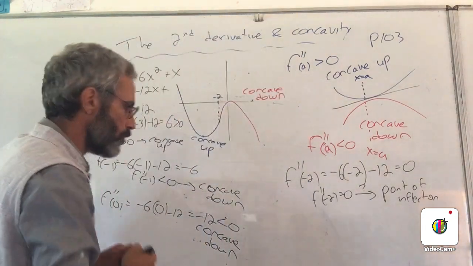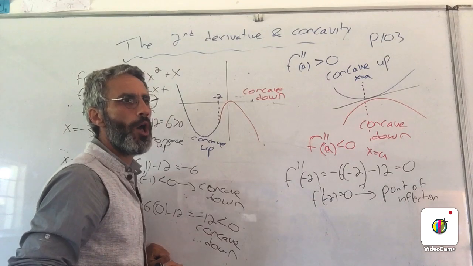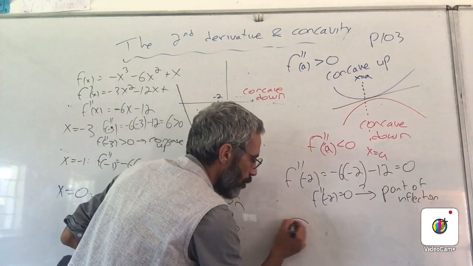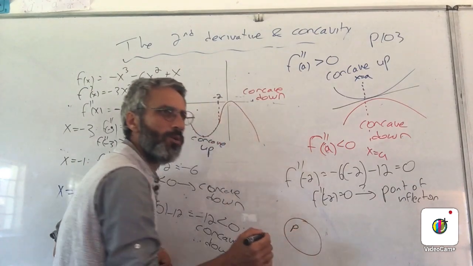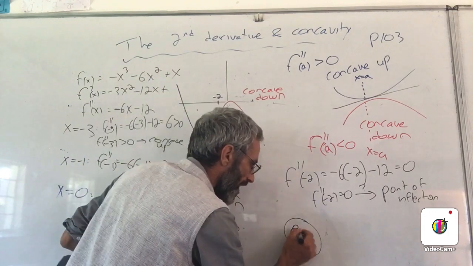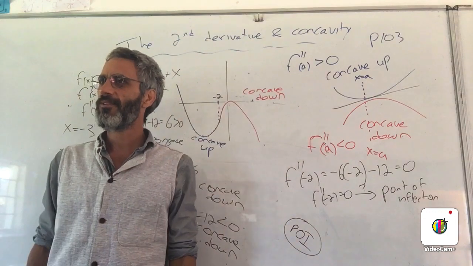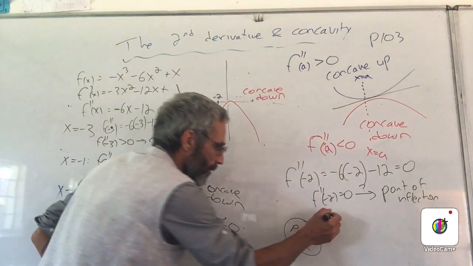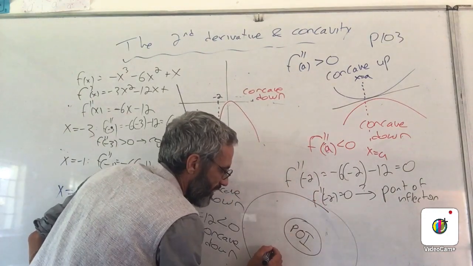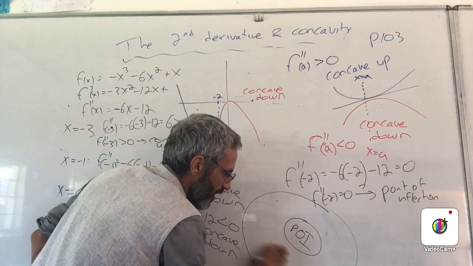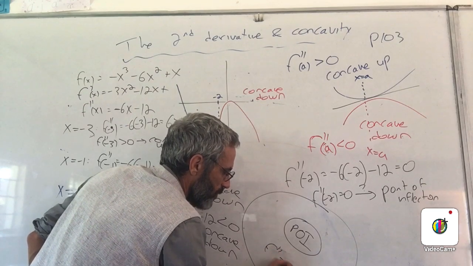Maybe let me try and draw it. If I draw all the points of inflection, POI, this is all the points of inflection in the world. And now I'm going to draw all the ones where the second derivative equals 0.